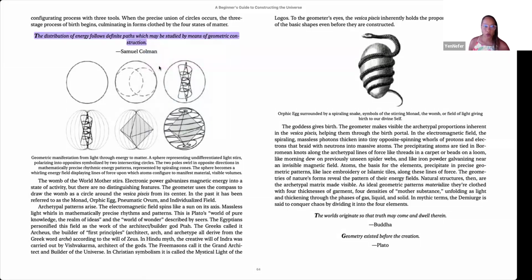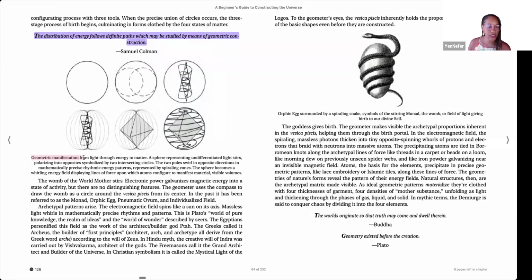So we can actually observe the distribution of energy and the unfoldment of the creation of matter through geometric construction. As we sit down and do these constructions, we can learn how nature distributes energy. We can study it. That's what he's saying.